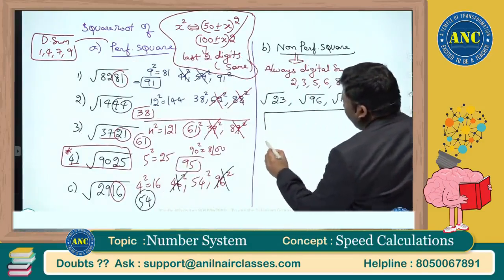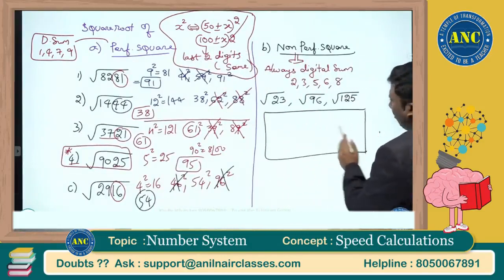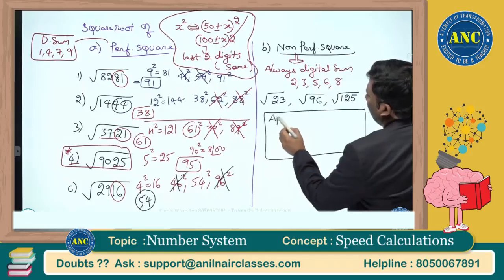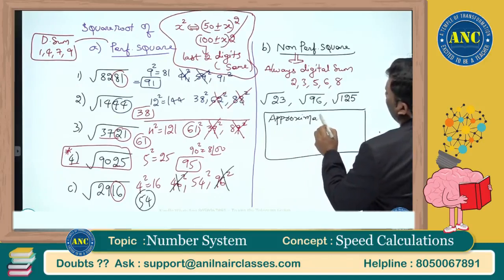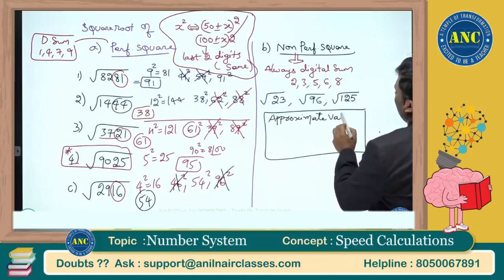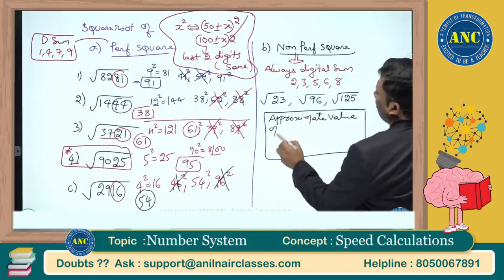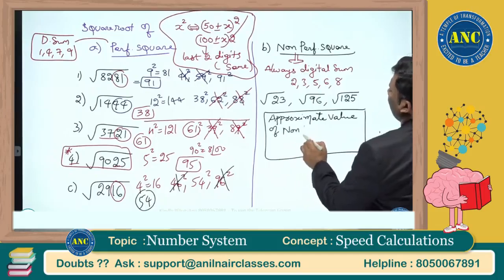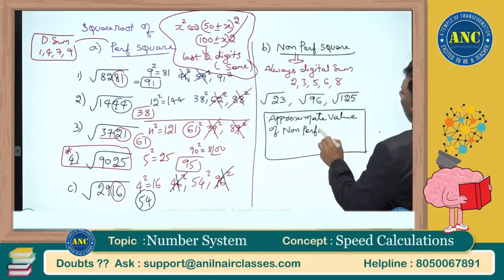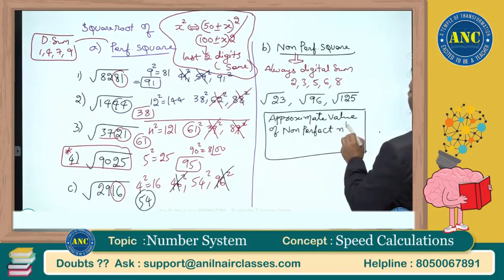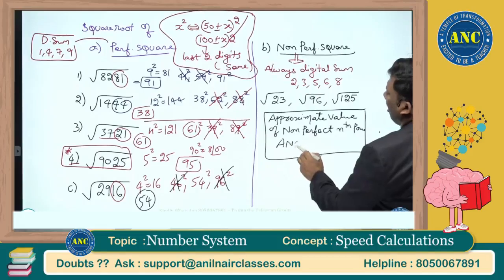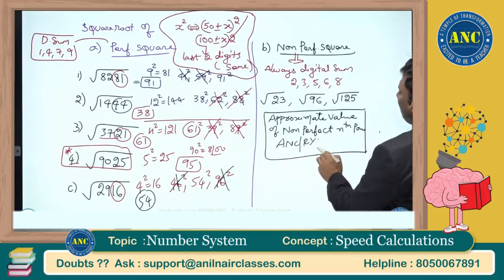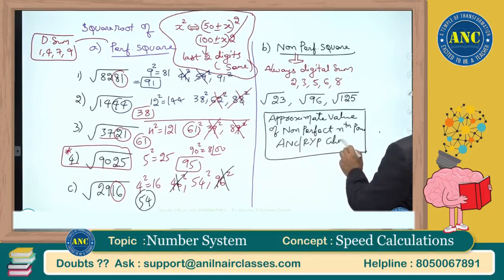There is one video available on how to find the approximate value. I spent 40 minutes on this concept, the approximate value of a non-perfect nth power, with the proof I have given. It is available on the Anil Nair Classes channel or the RYP channel. You can refer to the complete proof of the concept which I am going to use.